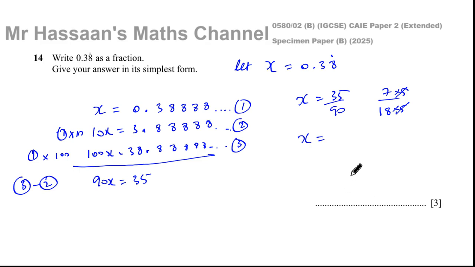Then the 5s cancel out, and you're left with x equals 7 over 18. So 7 over 18 is what 0.38 recurring is equal to as a fraction.